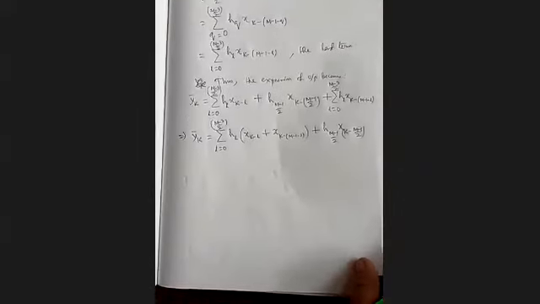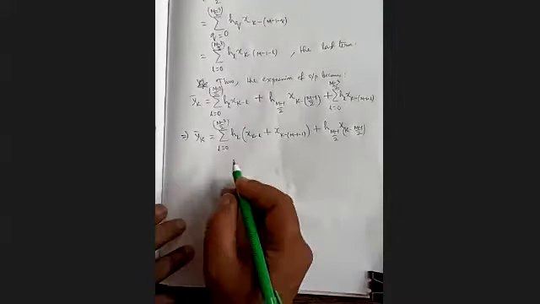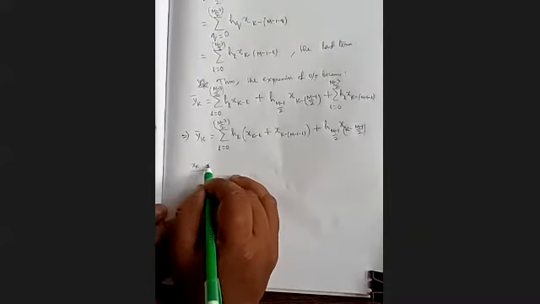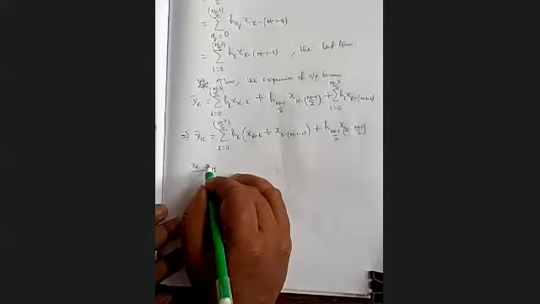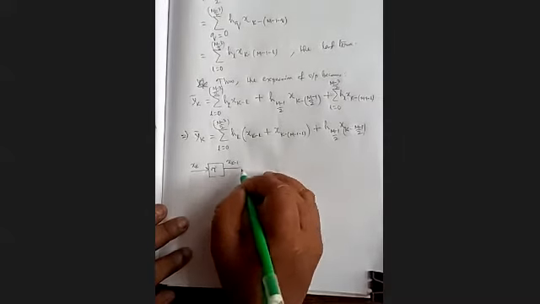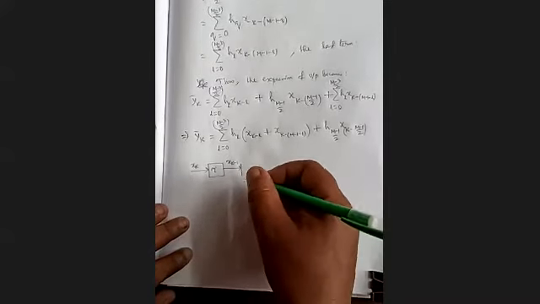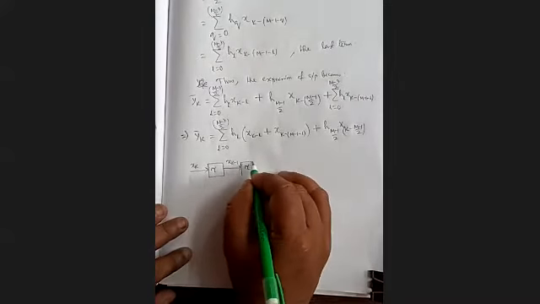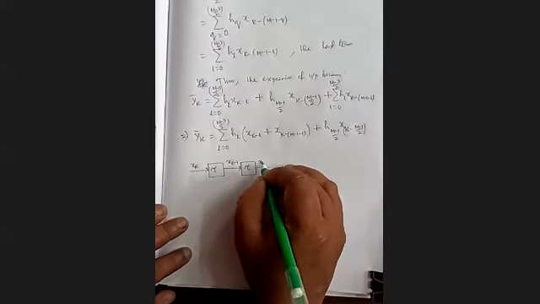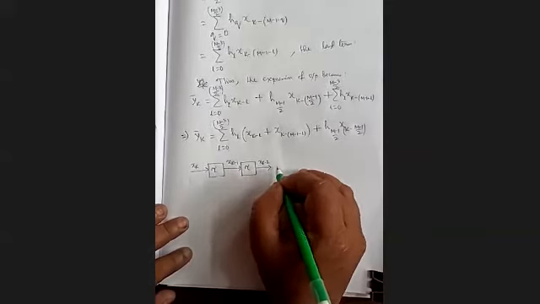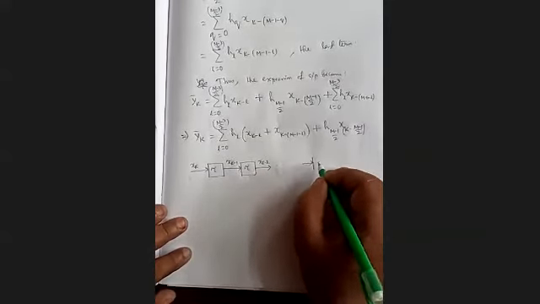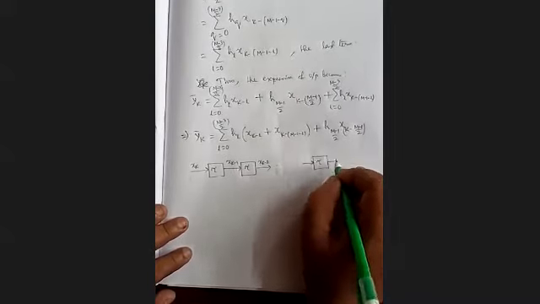So what will our tap delay structure be then? I draw it. x k, then tau, x k minus 1, tau, x k minus 2, then we write tau here.